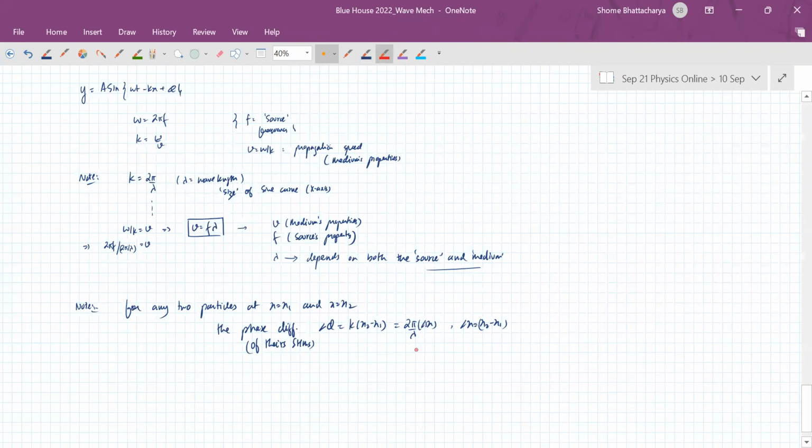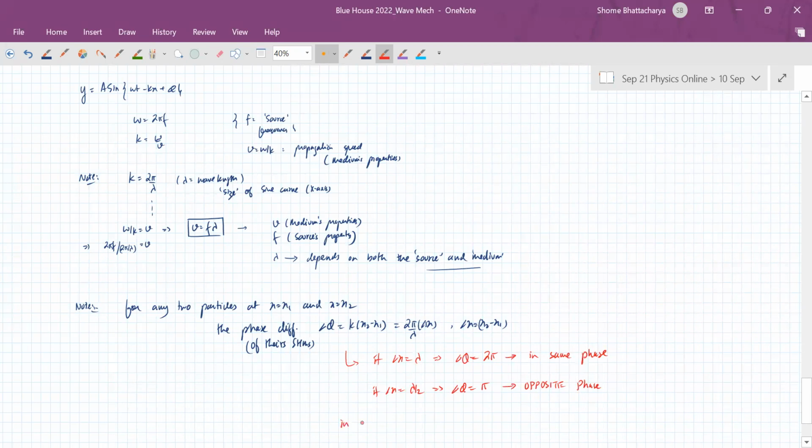So now coming back to this point here, you'll see that if delta x is equal to lambda, then obviously the phase difference is equal to 2 pi. But for example, if delta x is lambda by 2, then the phase difference is pi. So they will be in opposite phase. These will be in same phase.